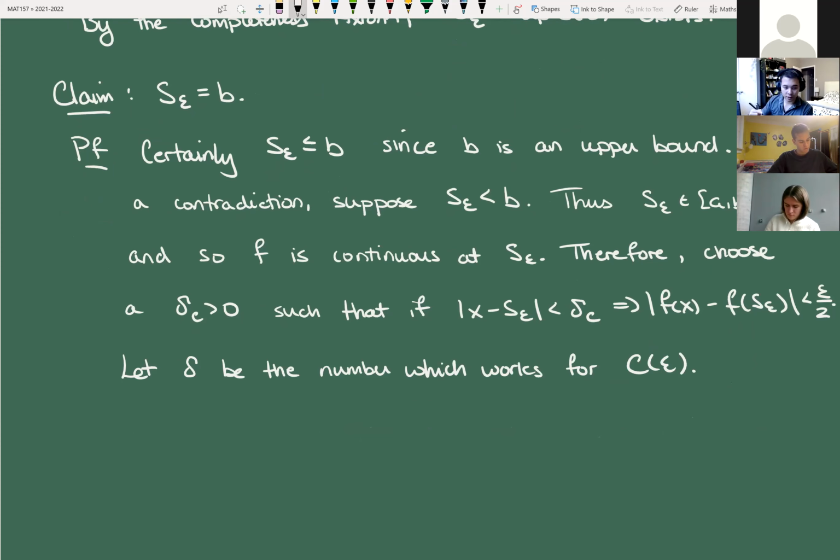So remember, by the definition of C epsilon, there exists a delta. We don't know what that delta is, but we know it exists. So let's pick one. And then let's set delta hat to be the min of delta C divided by 2 and delta, right?